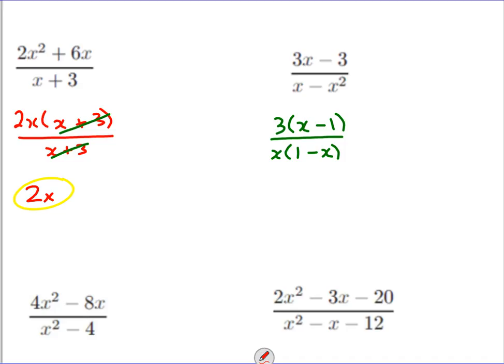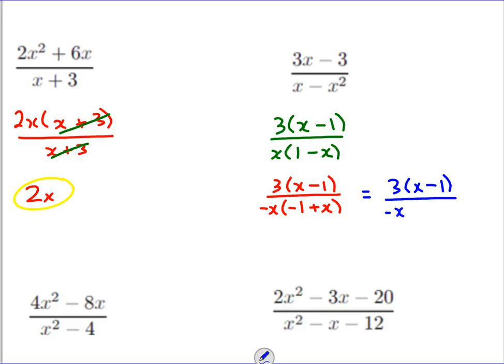Try to think that if you took out negative x from the denominator instead, you would actually have a common factor then. You would still have 3x minus 1, but if you had taken out negative x, that would leave you with negative 1, which means you could say that 3x minus 1 over negative x gives negative 1. That's an interesting property, and then we actually get a negative.